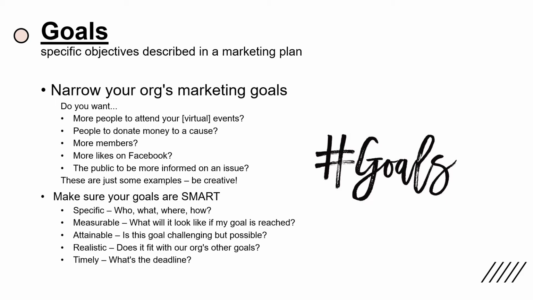I need them to be measurable, so I need to know how many likes I have first, so at the end of my goal I can see how many likes I've gotten. Say I pick 50 likes. Is that attainable and realistic for my goals and my org this semester? And I need to make sure there's a deadline on that. So I want to get 50 likes this semester.